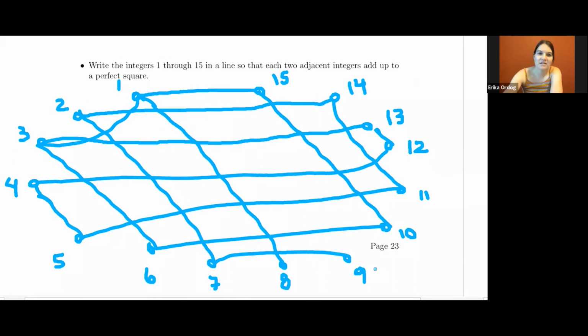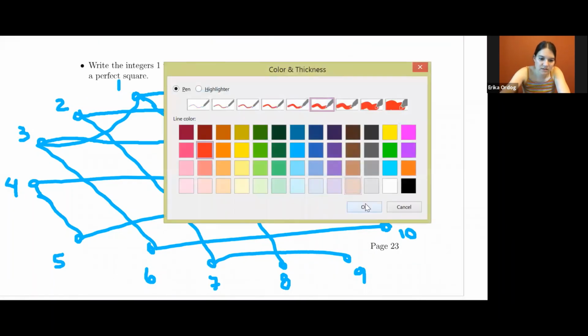Okay, welcome back. You can pause the video and check that your graph is the same as mine. So what do we want now that we have this graph? We wanted to write the integers 1 through 15 in a line so that each two adjacent add up to a perfect square. Okay, so what we're looking for is a Hamiltonian path. Right, so we can try to draw one here. Change my color one last time.